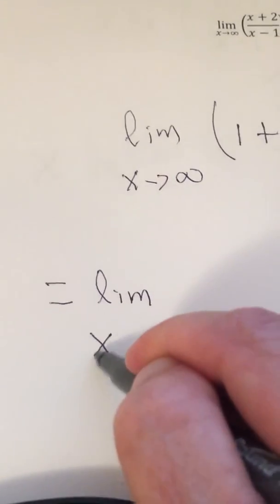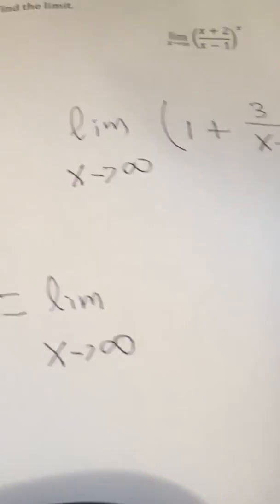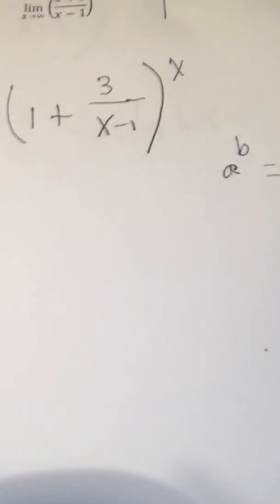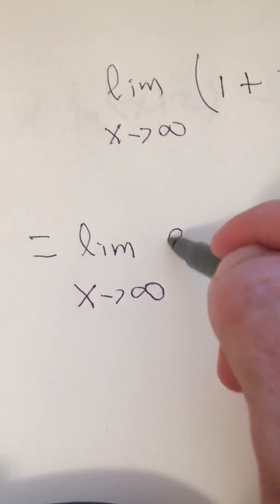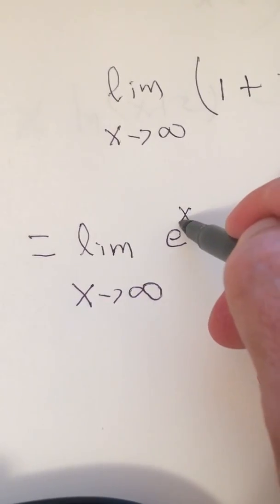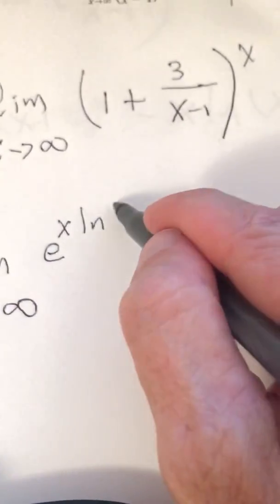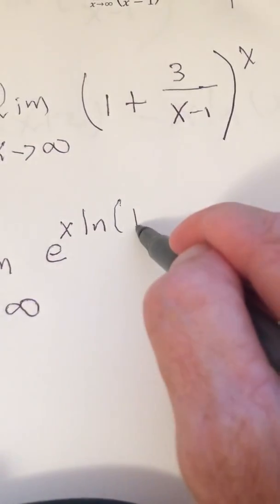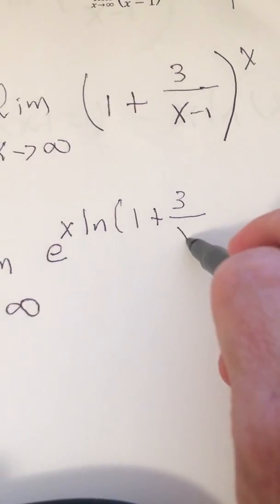So this is a limit as x approaches infinity of, using this result right here, e to the b, in this case x, times ln a, which in this case is 1 plus 3 over x minus 1.